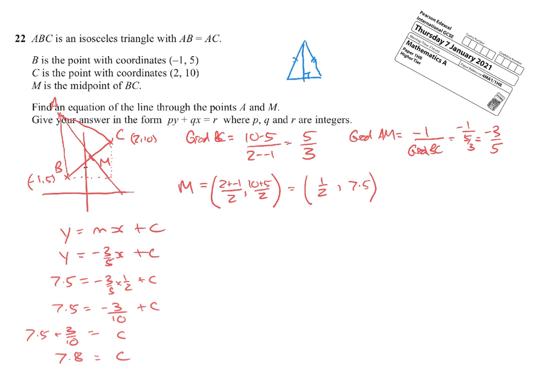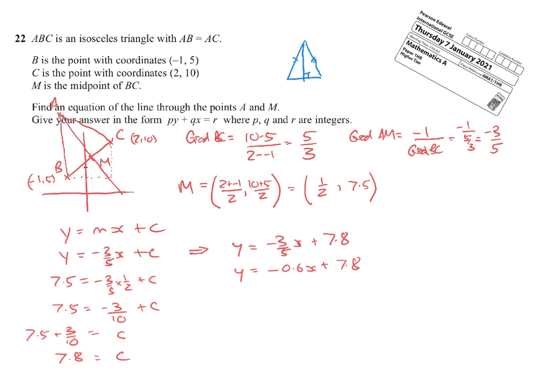So my equation is y equals minus 3/5 x plus 7.8. It's not pleasant leaving it like that, so let's put it in decimal form. So y equals minus 0.6x plus 7.8.